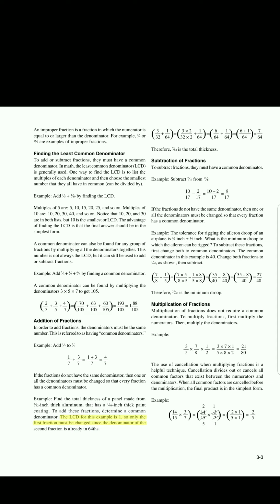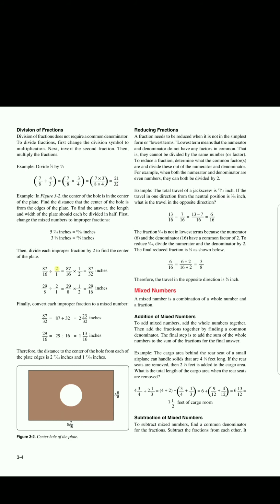So only the first fraction must be changed, since the denominator of the second fraction is already in 64ths.